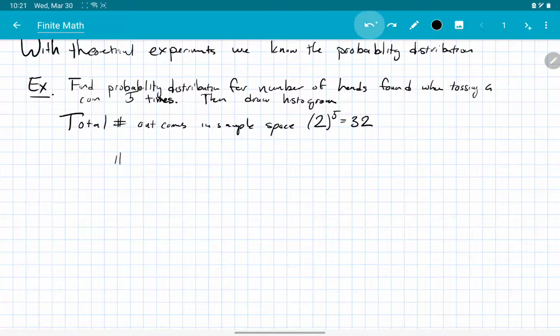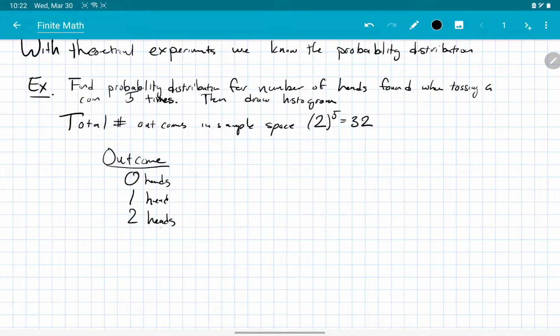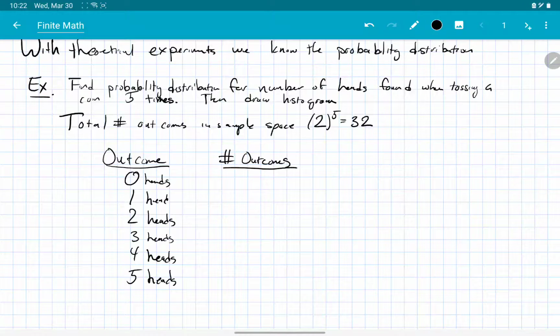And so now we want to know the number of outcomes. Well, let's make a table here. Okay. Outcome. The possible outcomes are 0 heads, 1 head, 2 heads, 3 heads, 4 heads, and 5 heads. Okay, and then we want to count number of outcomes which have all of these.